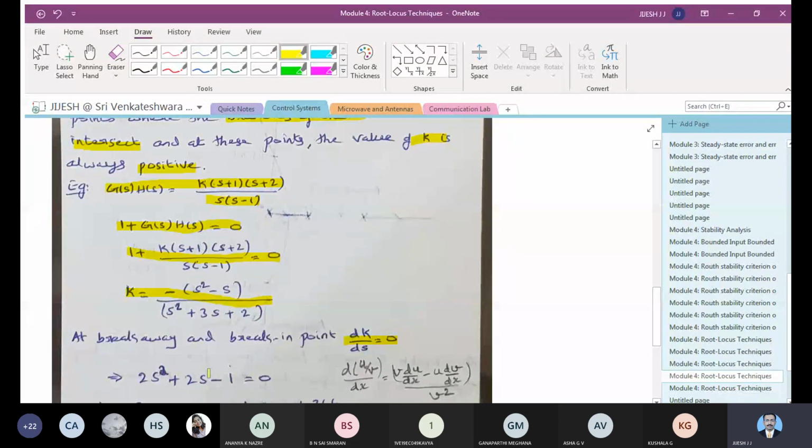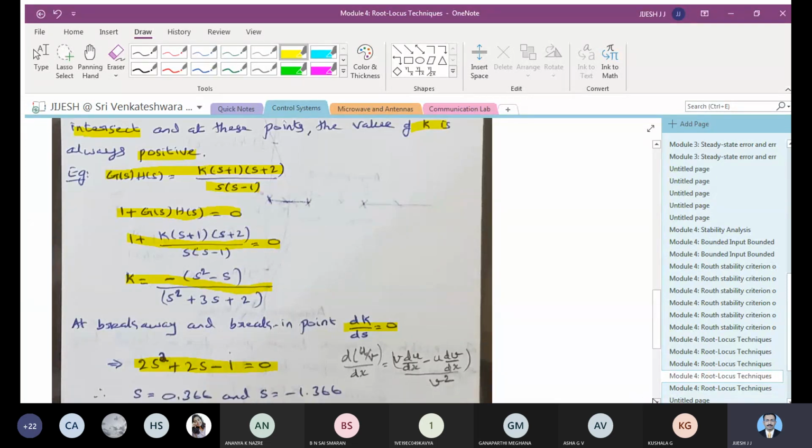this equation: 2s square plus 2s minus 1 is equal to 0. This is what you get when you do that, for dK by ds is equal to 0. From that, you can use the calculator or you can find the roots of 2s square plus 2s minus 1 is equal to 0. So you can find the values of s.